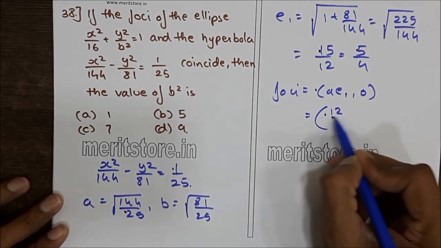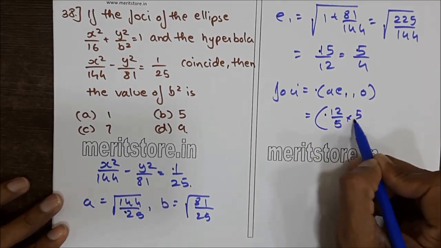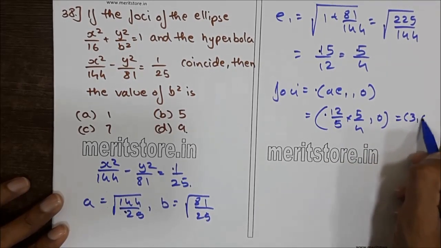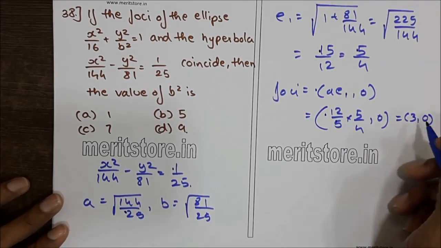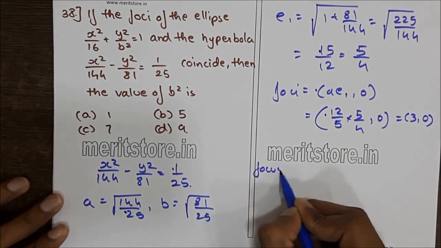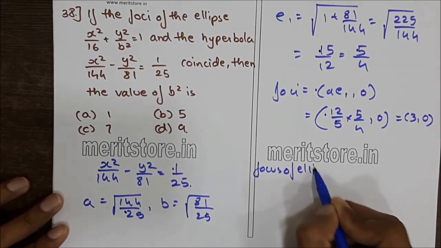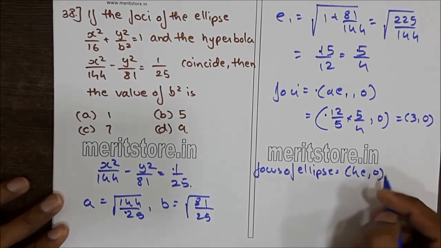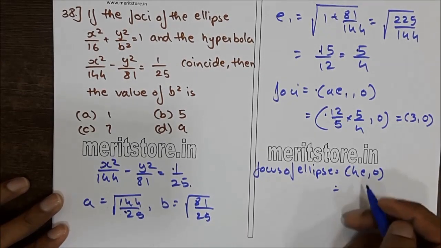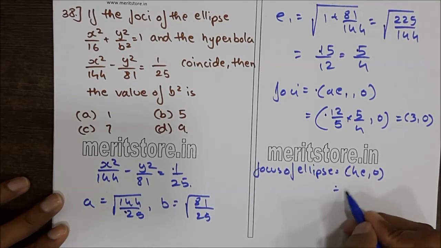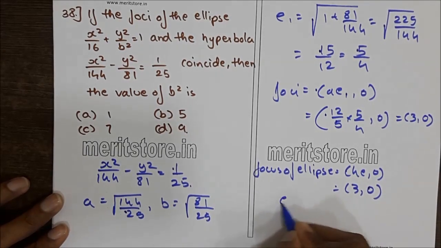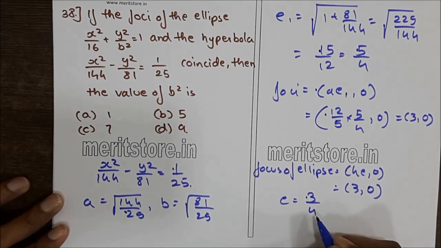Substituting this, we get 12 by 5 into 5 by 4 comma 0, equal to (3, 0). So the focus of the ellipse is (4e, 0). Substituting, we get (3, 0), where e is equal to 3 by 4.